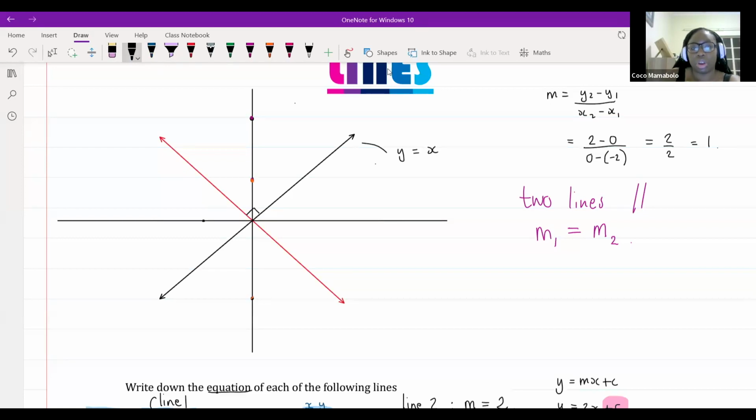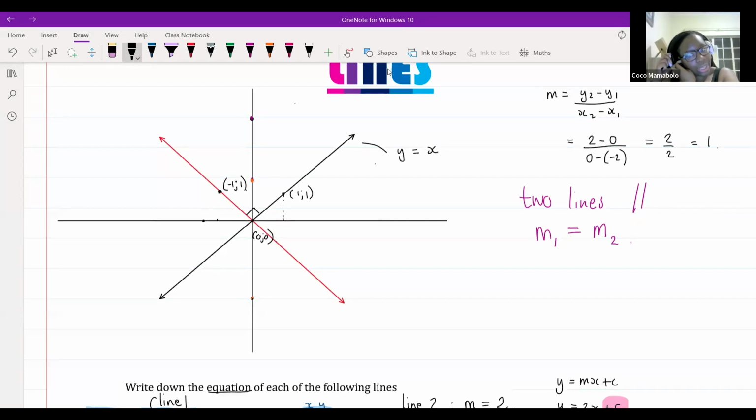Because it goes through the origin, this point over here goes to the point (1, 1), and the origin is (0, 0). On this side, because the two lines are perpendicular, the other line goes through (0, 0), and on this side it goes through (-1, 1).